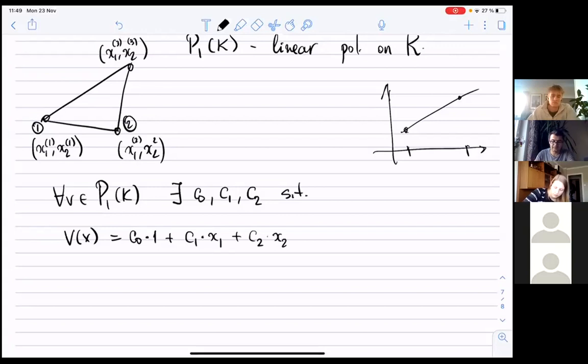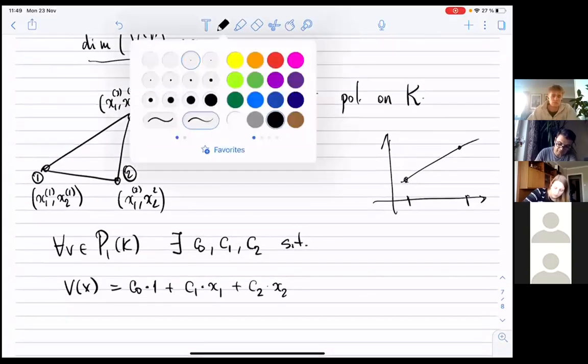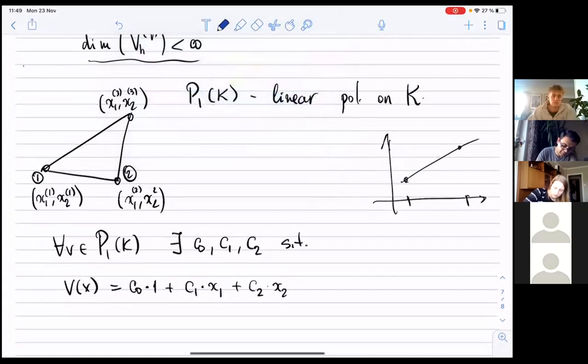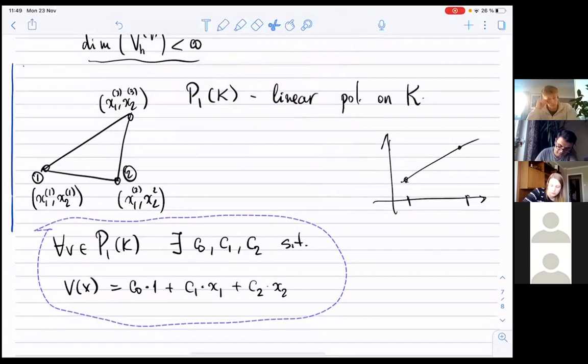Of course, here we have a coordinate system. Let me just move a little bit, just to make some space.